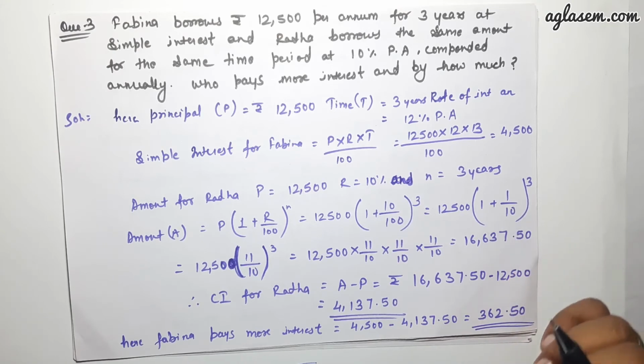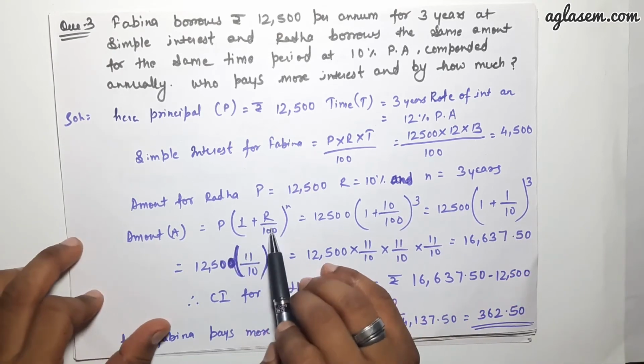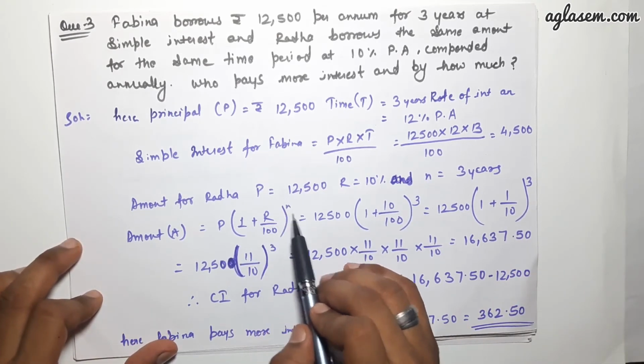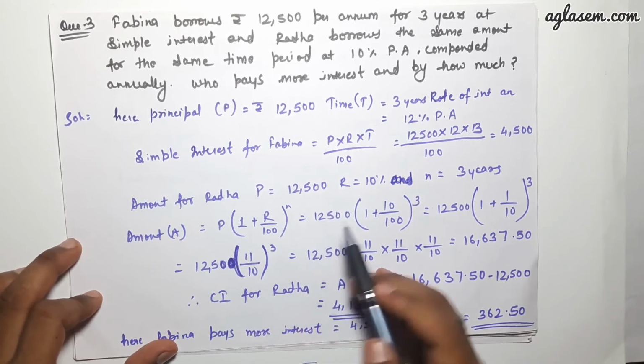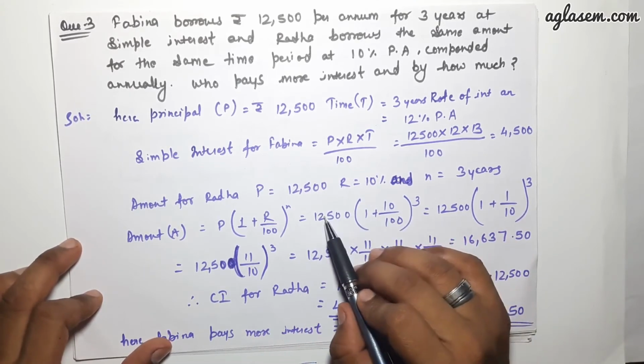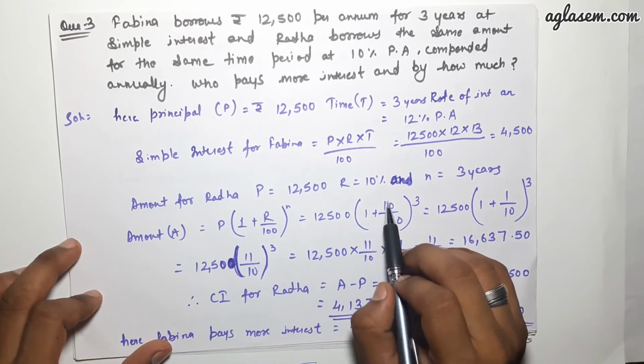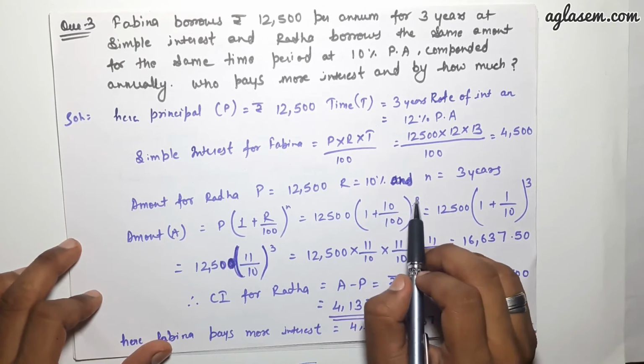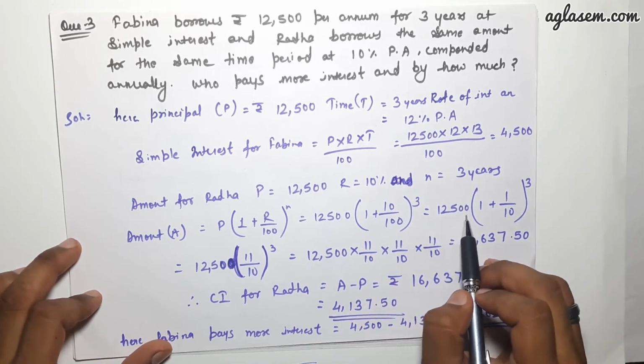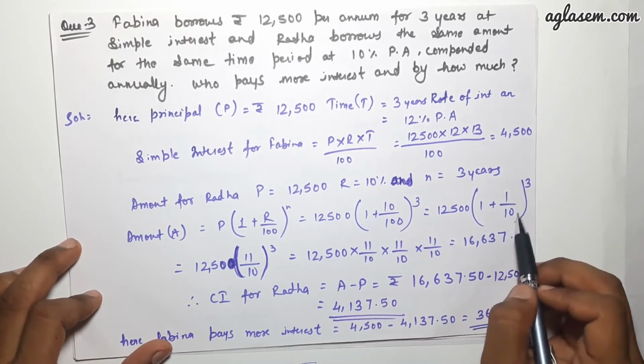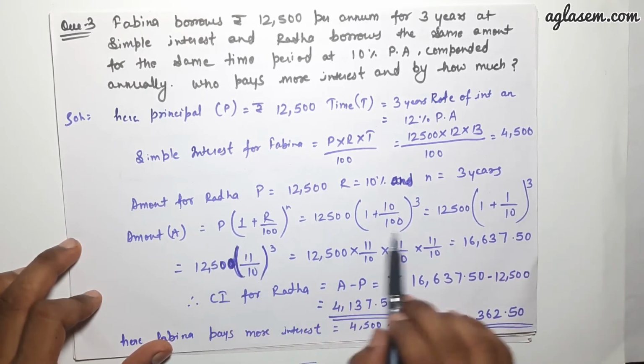Amount A is equal to P (1 plus R upon 100) to the power of N, where N is time, equal to 12,500. Now after solving this, we have to put the values. 1 plus 10 upon 100, to the power of time, is equal to 12,500 (1 plus 1 upon 10), time is 3 years. Now we have to solve this equation.